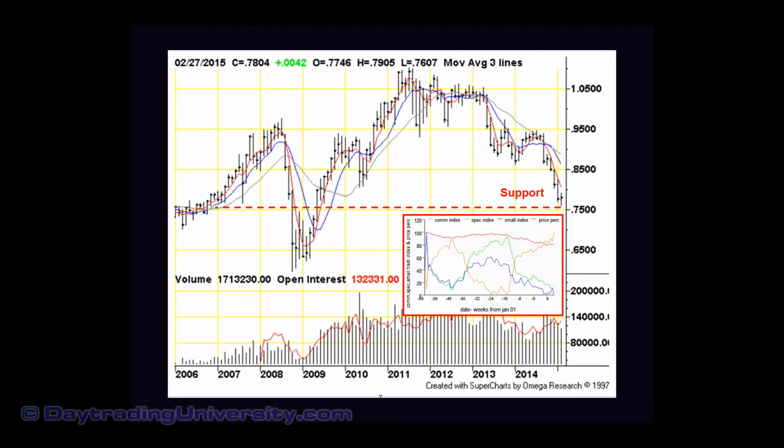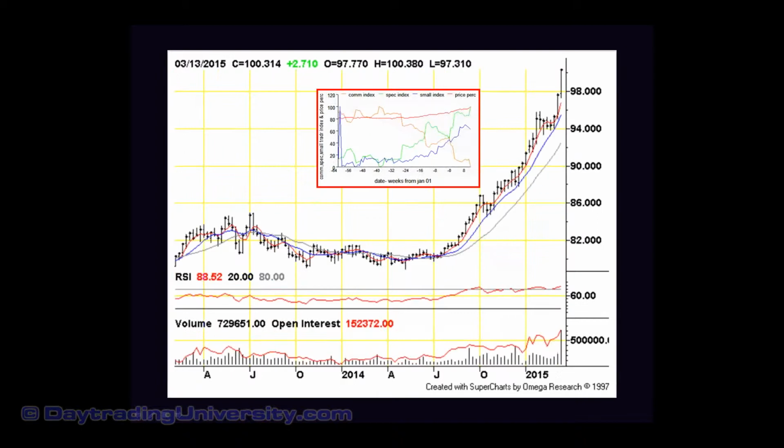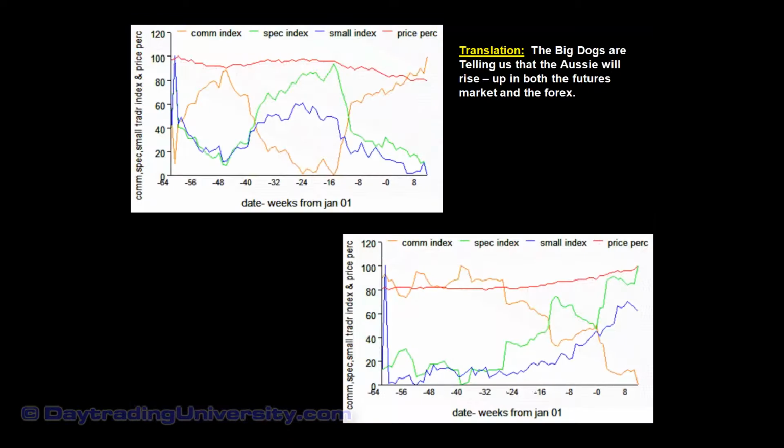This stuff really works. On this futures chart that I presented last month, I showed you that the Australian dollar was finding support on this futures chart at this level. I showed you that the US dollar was extremely overbought on this futures chart. And putting the two graphs together, this is the Australian dollar and this is the US dollar.